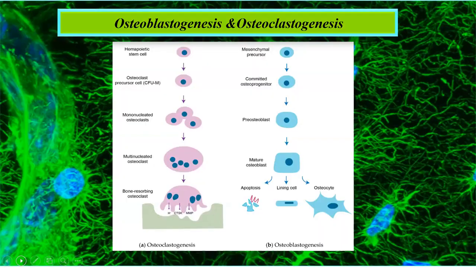This is just in brief about osteoblastogenesis and osteoclastogenesis. I highlighted these two because osteoblasts and osteoclasts play a pivotal role in alveolar bone. One helps in bone formation and the other helps in bone resorption. They have a coordinated action.